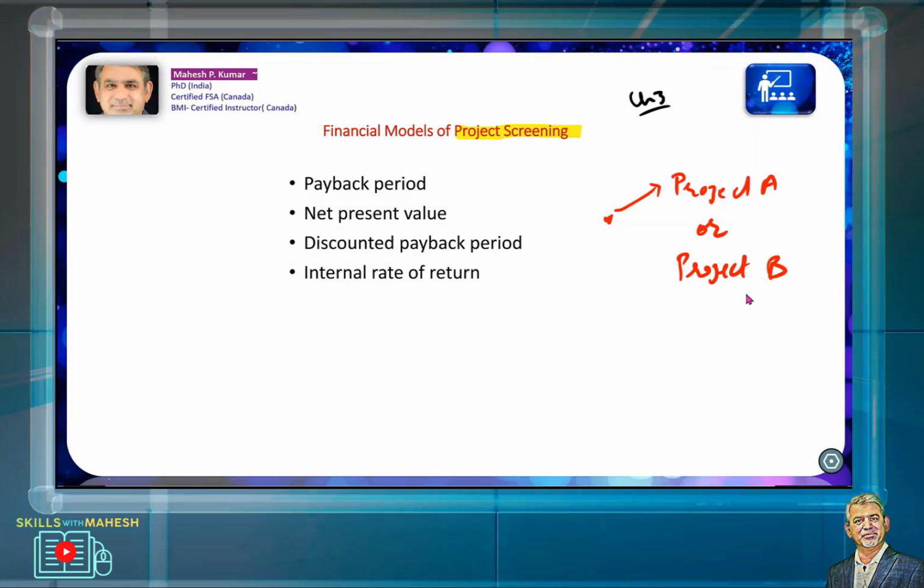And we are screening these projects, and we are evaluating these projects. And after evaluation of these projects, we will find our winner. This is the winner for us, and this will add value to our company, and we will undertake that project. So that project may be project A or B, but we have to make that evaluation, right?